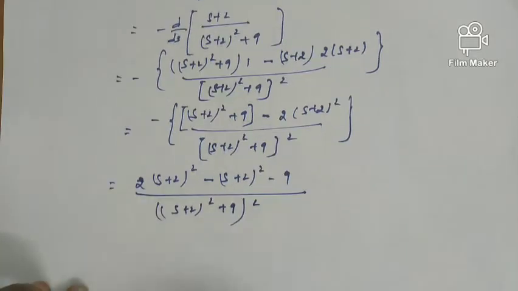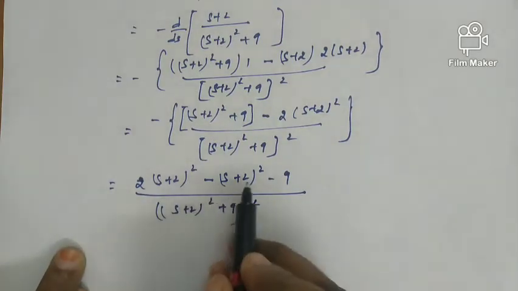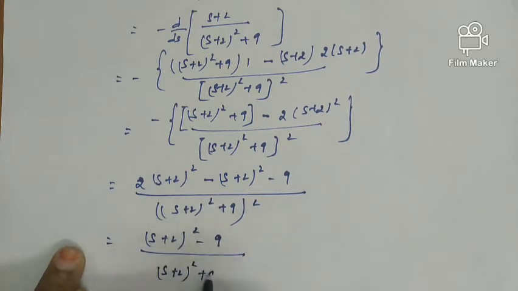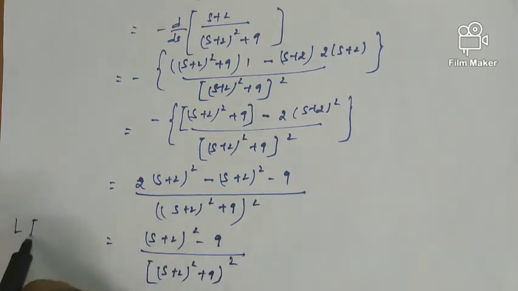Now look at this, 2 times of s plus 2 the whole square minus s plus 2 the whole square. So we can write this as s plus 2 the whole square minus 9 divided by s plus 2 the whole square plus 9 the whole square. So this is the answer for L of t into e power minus 2t cos 3t. So this is the answer for the second question.